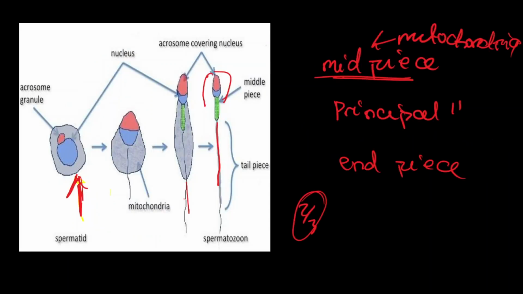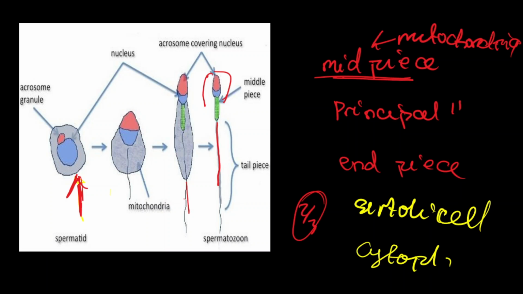Very quickly, it's also important to take note of the fact that the Sertoli cells, which form the non-germinal part of the seminiferous tubule, actually help in the absorption of some of the cytoplasm. Okay, so for the spermatids to be converted into spermatozoa, some of the cytoplasm has to be absorbed.